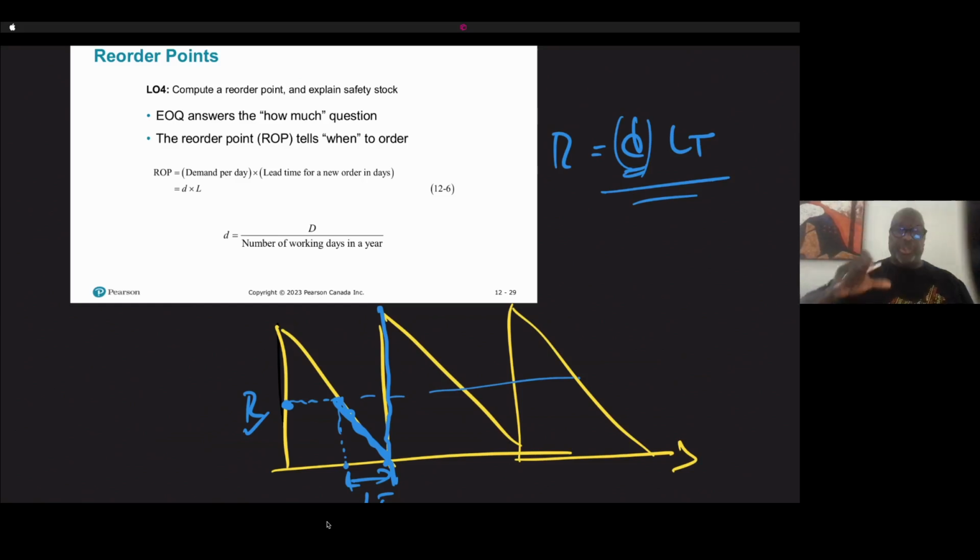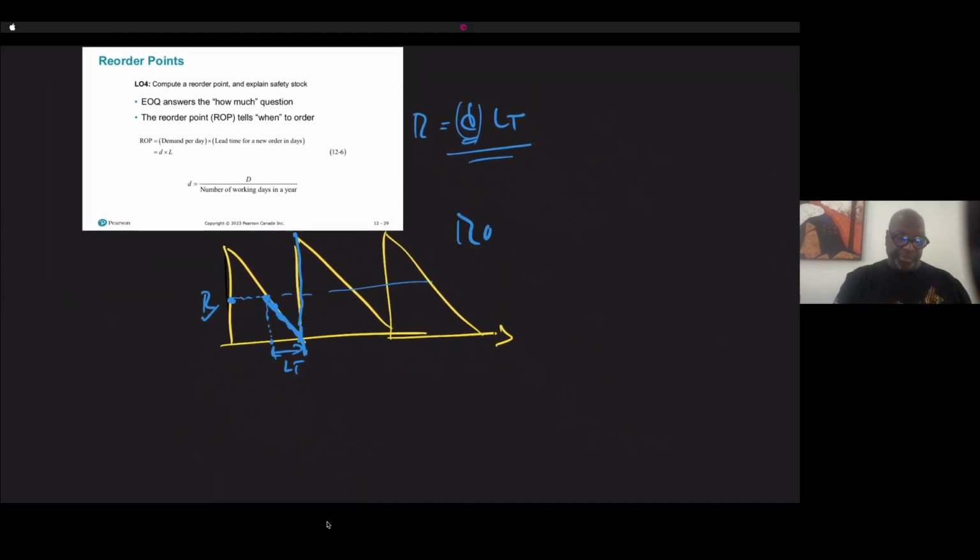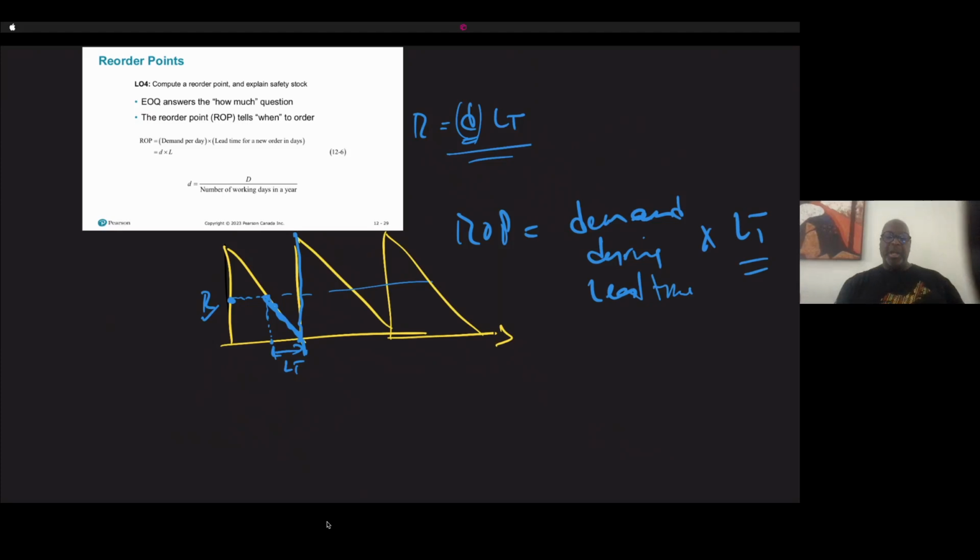All right? So the formula for reorder point is relatively straightforward. Your reorder point is your demand during the lead time times your lead time. Okay? And that's assuming that everything is known and constant, there's no variability.